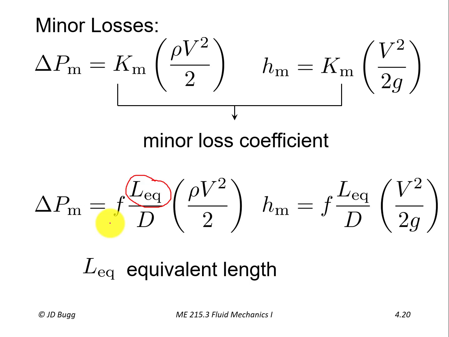We would just pretend that the pipe's a little bit longer than it actually is to account for the frictional losses in any fittings that are along the way. Like I say, 90% of the time, minor losses are accounted for by these minor loss coefficients. But sometimes you will run into this equivalent length concept to calculate minor losses.